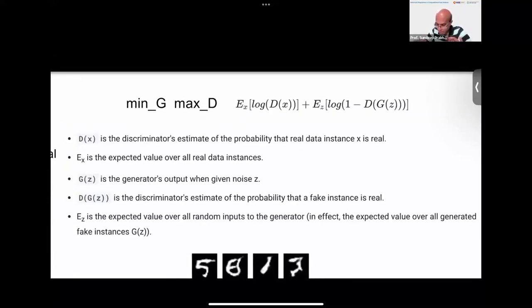Now if you look at all this, there are two functions that we need to optimize, G and D. When I say minimization with respect to G, the way you should understand is you're optimizing the weights and biases of the generator. And optimization with respect to D would mean that you're optimizing the weights and biases of the discriminator. Okay, so now let's take a look at this optimization problem.